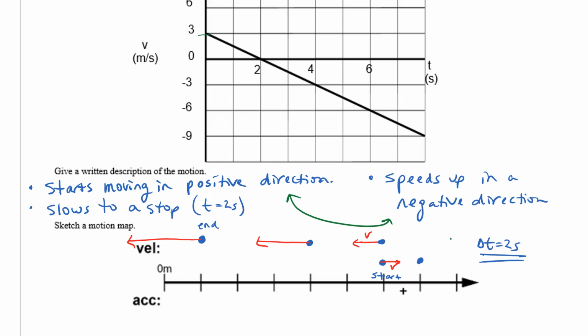Okay, so now how would I figure out the acceleration? Well, first I'll put the same dots down here just to make it a little bit easier. How did the velocity change? I'm going to go with green on this one. So between the first dot and the second dot, I went from a right arrow to no arrow at all.